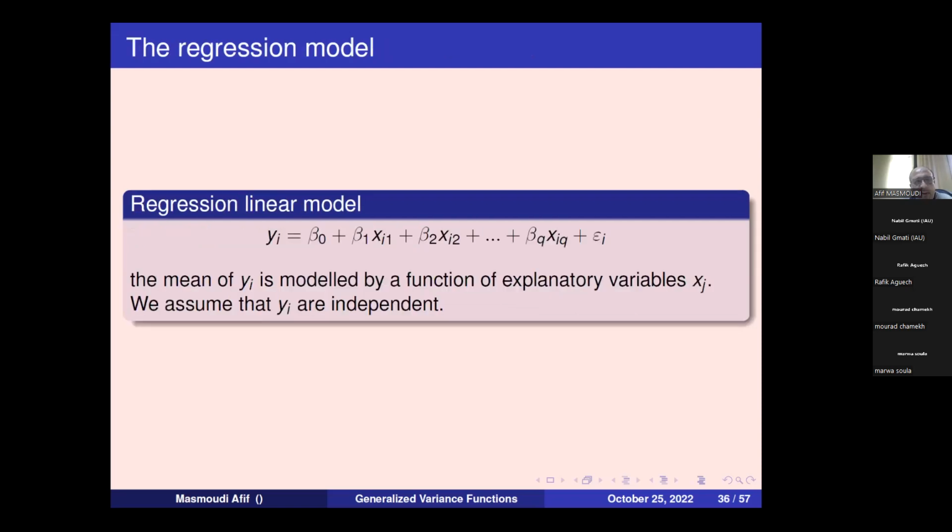For the regression model, the 3D regression model, which is interesting, we now recall the linear regression model that is expressed by this linear combination. Here we add Gaussian error.